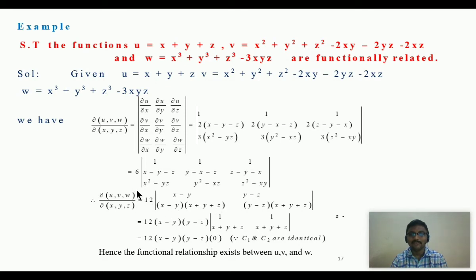That is dou of u, v, w by dou of x, y, z is 0. Whenever the Jacobian value is 0, then the functions u, v, w in that Jacobian are called functionally dependent. Whenever the functions are functionally dependent, then there exists a functional relation also. So clearly proved, there exists a functional relation.